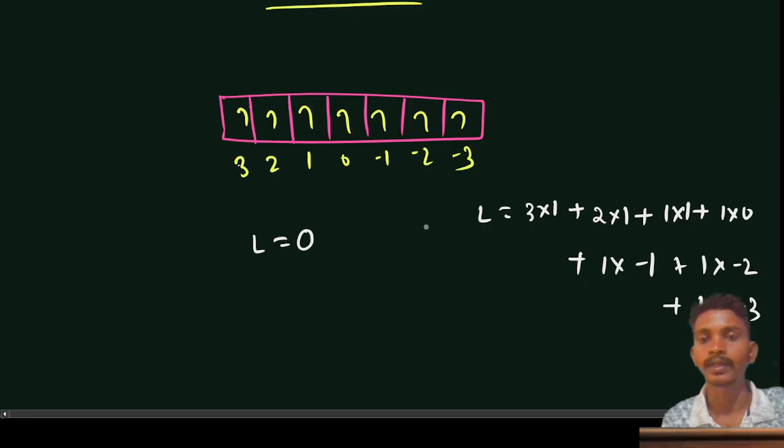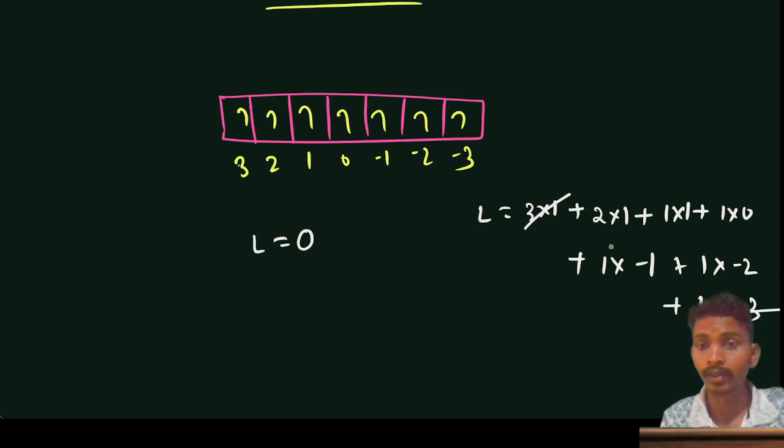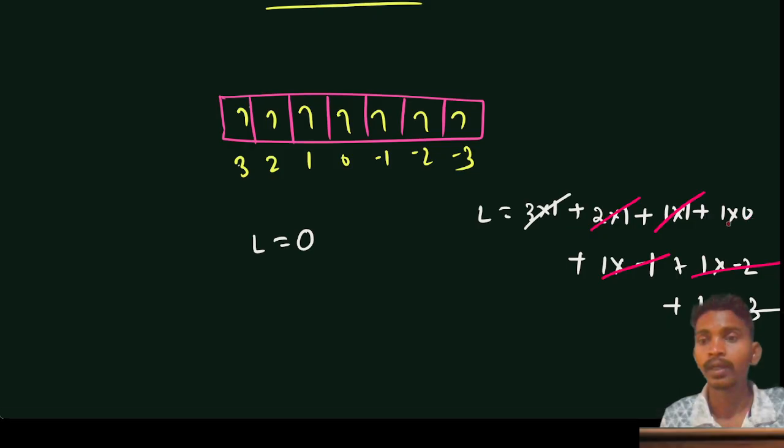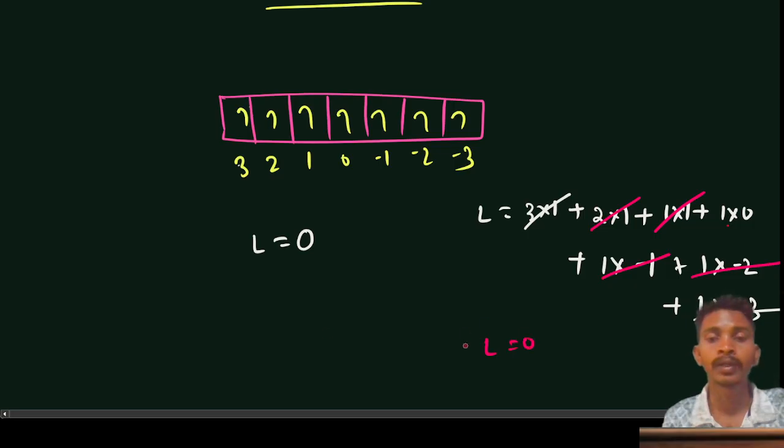So 3 into 1 and 1 into minus 3 cancel out. And 2 into 1 and minus 2 cancel out. And 1 into 1 and 1 into minus 1 cancel out. And this is 0. So the L value is 0.